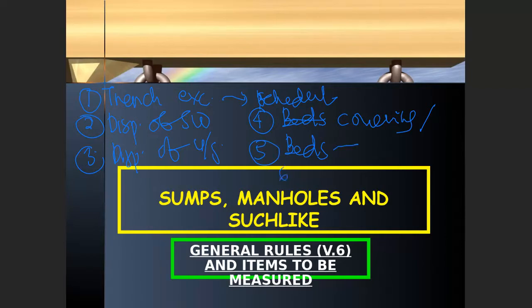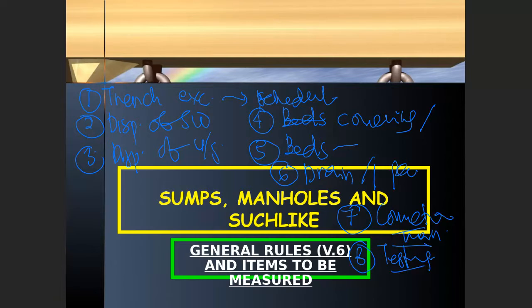Okay, and then item number 6, you have to measure the drain pipe itself. So I put here the pipe work. And then item number 7, you have to measure for connection to the main. This one is similar to what has been shown in the SMM. And item number 8 is testing.